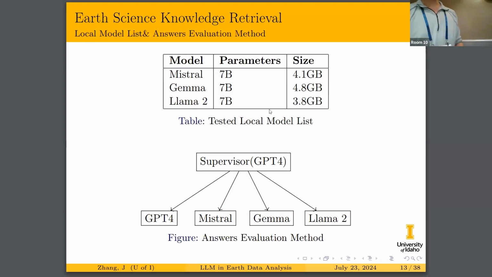So in this quick experiment, we just list these three very common open models: Mistral, Gemma, and Llama, which have relatively fewer parameters compared with GPT. But you can see the result is amazing.